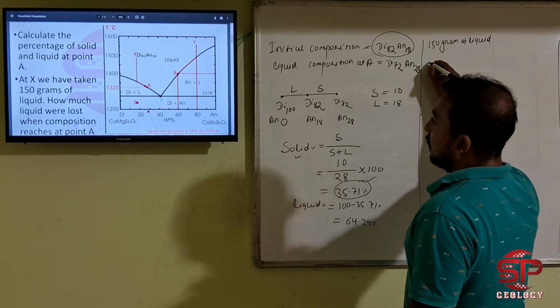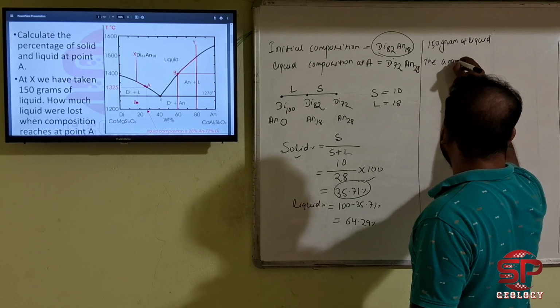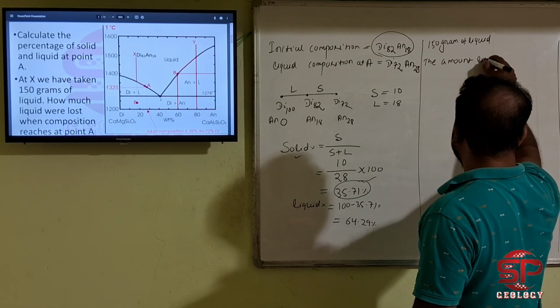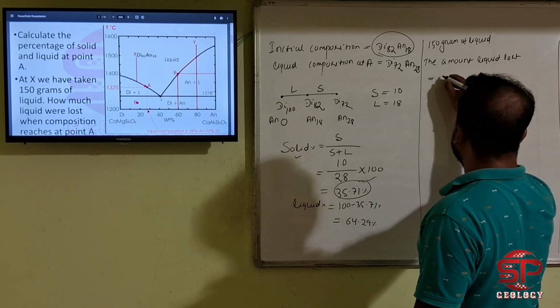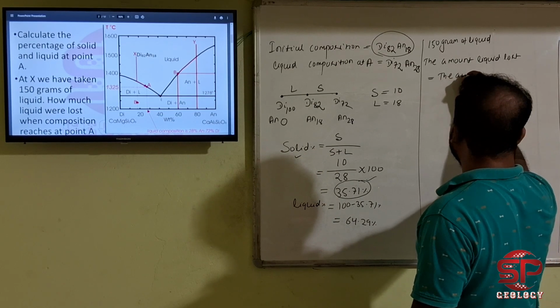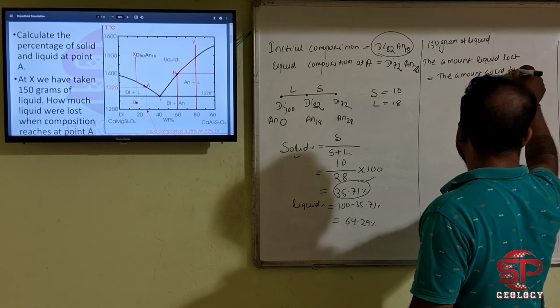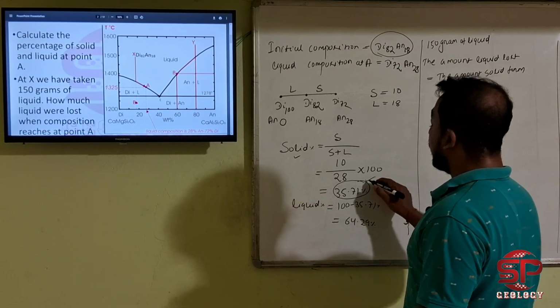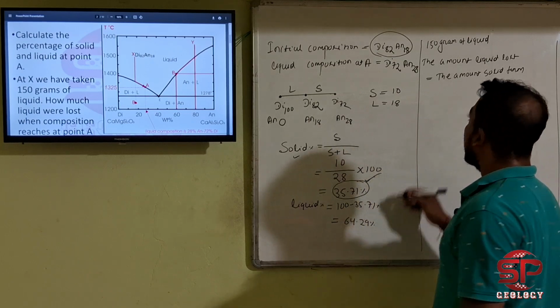So the amount of liquid lost is equal to the amount of solid formed, 35.71% of the total liquid.